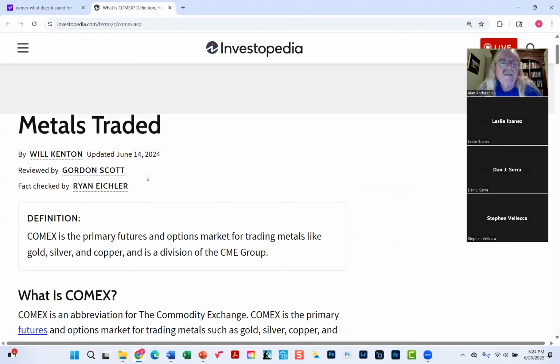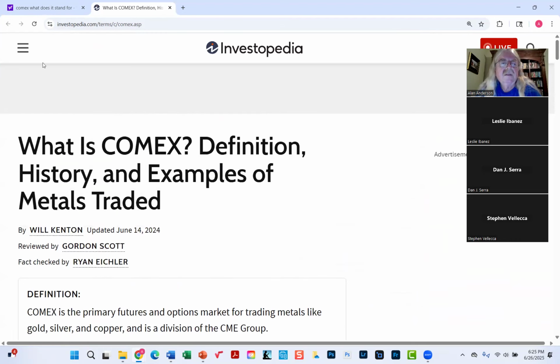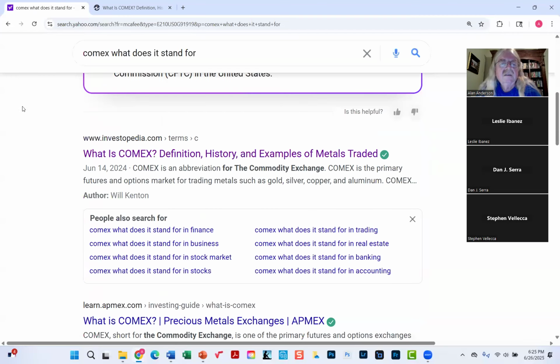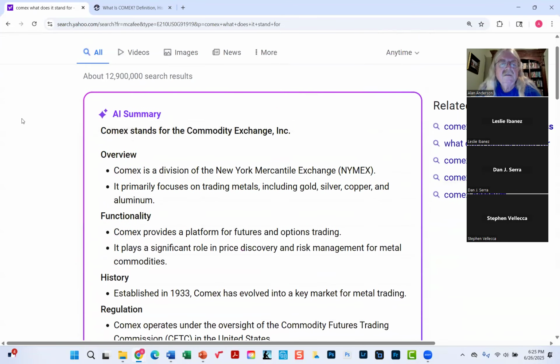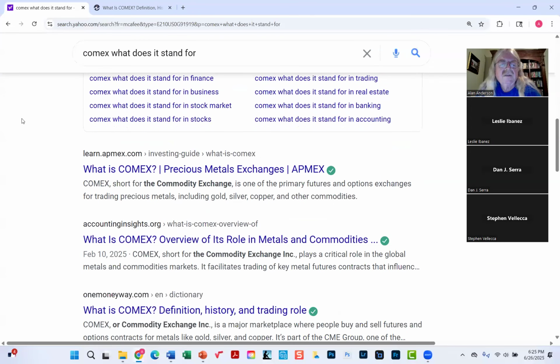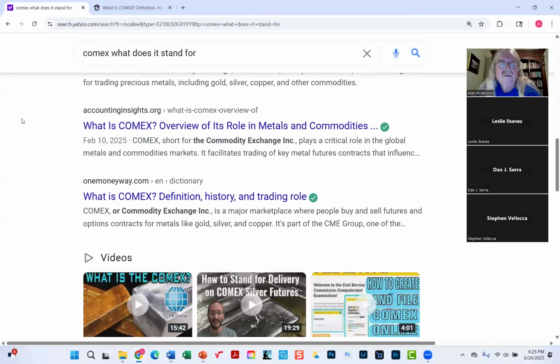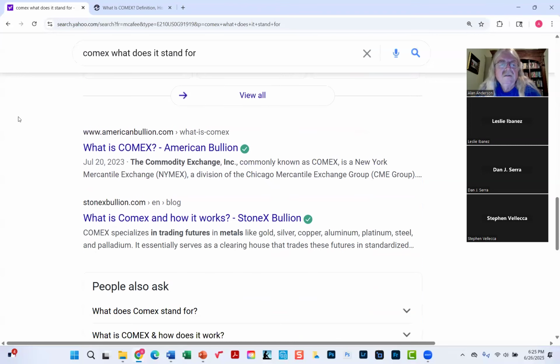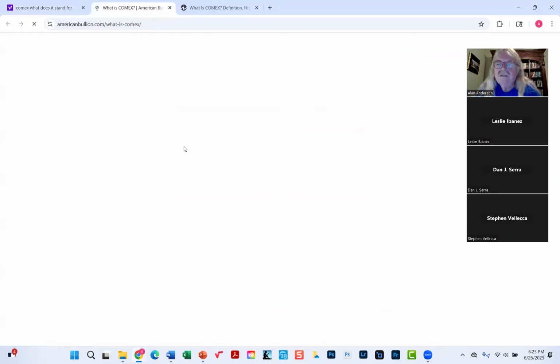Now, wait a minute. They're telling us two different things. Wow, now that's strange. Unless there's two COMEXs. See, now they're telling us it's part of the New York Mercantile. How is this possible? This is very strange.